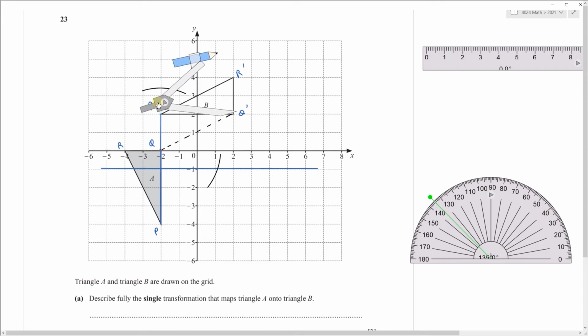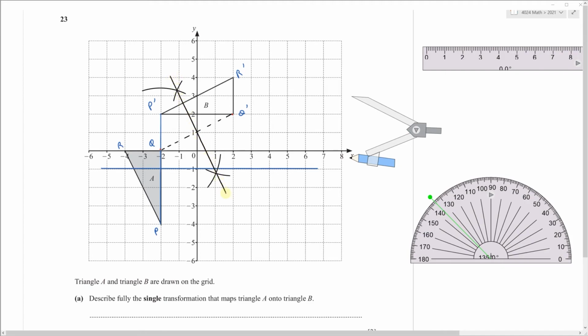And then place the compass on the other edge of the line, and draw the arcs again. Now if I join these 2 points with a straight line, like this. So this is my other line bisector.